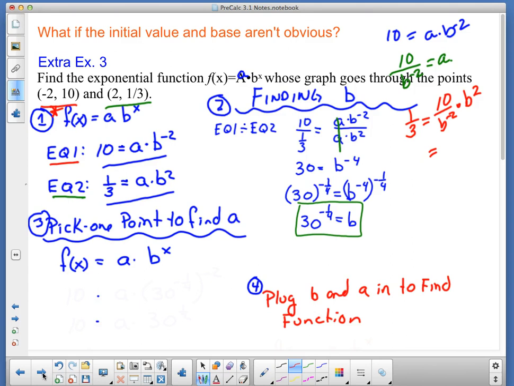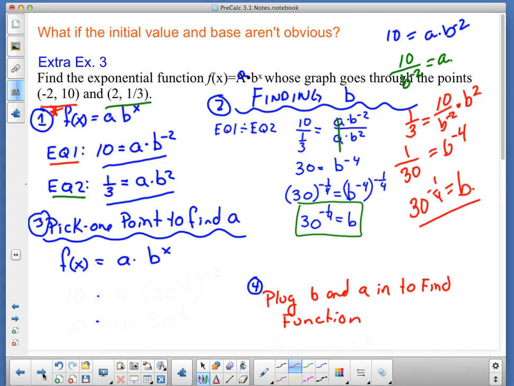I find out that b to the negative 4th, if I multiply by a 10th, so it's 1/30th there, that works. And I end up finding out that 30, if I flip them and multiply by negative 1/4, 30 to the negative 1/4 is equal to b. I can do that because all I'm doing is systems of equations.